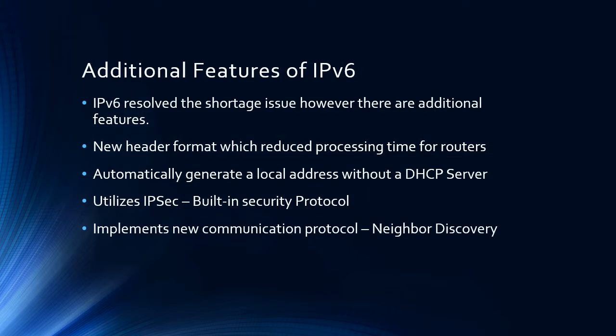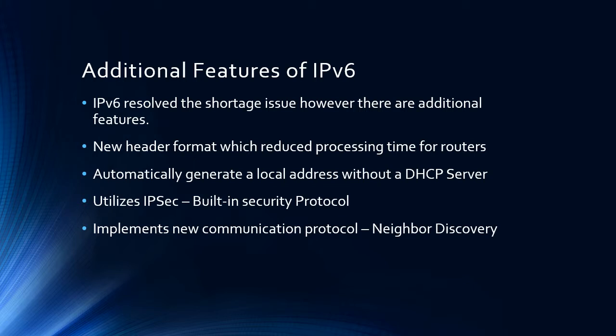IP version 6 resolved the shortage issue. However, there are some additional features. It featured a new header format which reduced the processing time for routers. Through IP version 6, it has the ability to automatically generate local addresses without the use of a DHCP server.